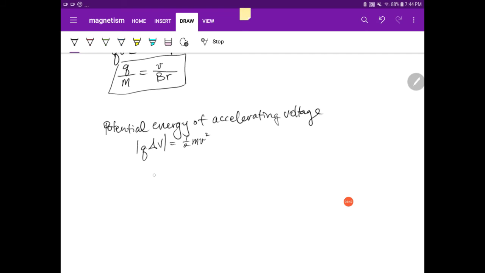So I'm going to solve for V is equal to the square root of Q delta V, that's the change in potential, over 1/2 m. Or I could write that as 2Q delta V over m. And you'll notice that there's a Q over m in that, so we're going to have to deal with that when we plug it back in.